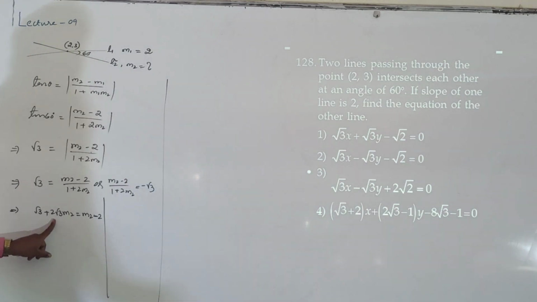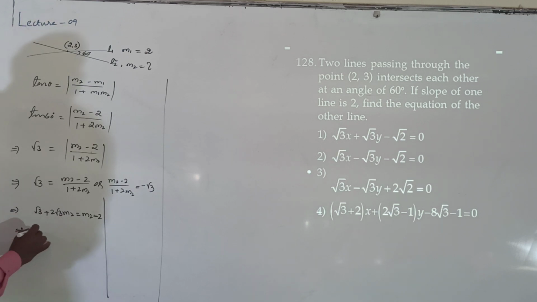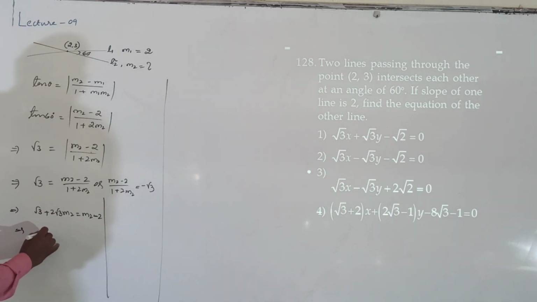Root 3 plus 2 root 3 into m2 is equal to m2 minus 2. Then just rearrangement: send it to RHS, take this into LHS.